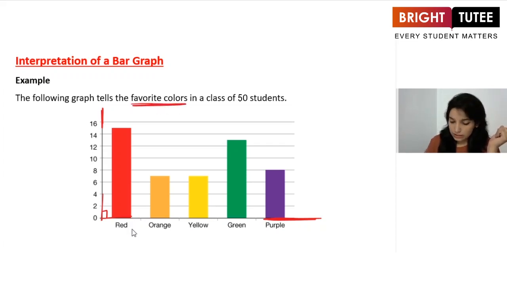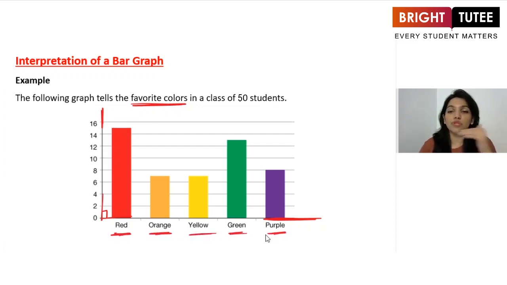So here, see here, we have got red, orange, yellow, green and purple, which is shown on the horizontal line. Okay, so these are the 5 colors which come under the category of favorite colors. And now how many students are we asking this? We are asking this to 50 students.